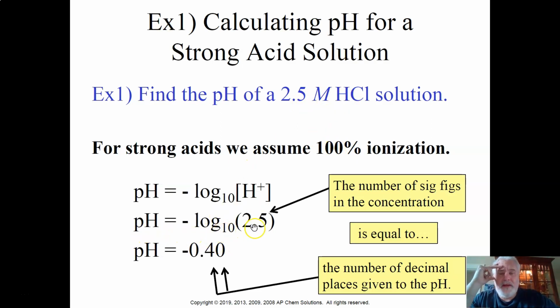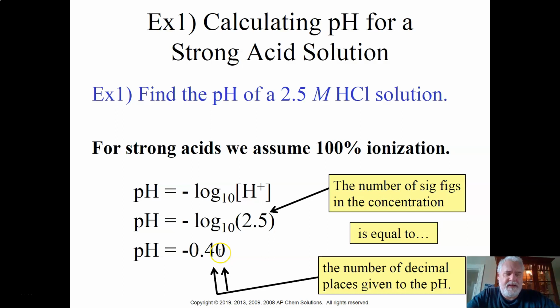So then the equation becomes negative log base 10 of 2.5. Make sure that you figure out how to plug that into your calculator. If you do that in the wrong order, you will get an error message. So just make sure that you are able to do this.